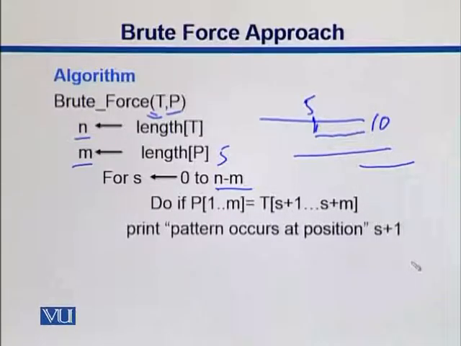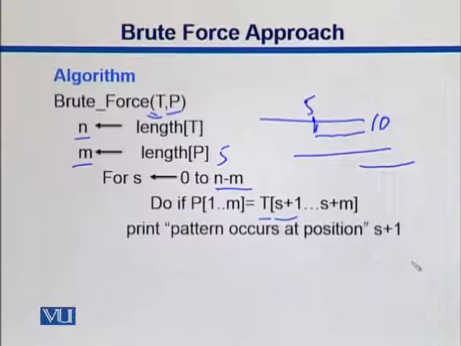Then: if p[1 through m] is equal to t[s+1 through s+m]. What we are saying here is we start with nucleotide number 1 of the pattern, and we go up till its whole length. Here we take the first nucleotide of the text; since we started with 0, we need to add 1.